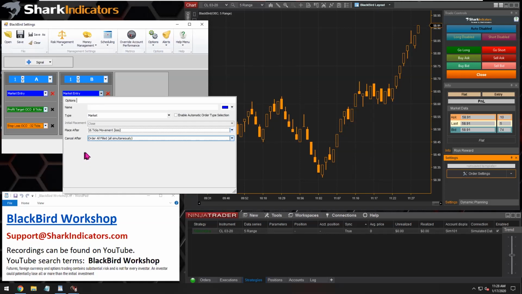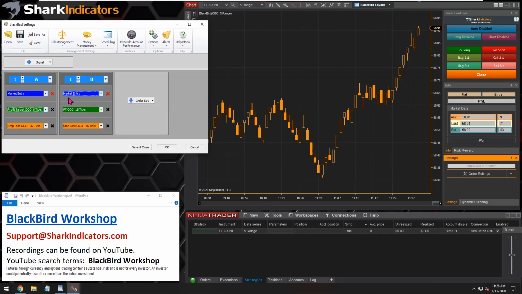All right, so there we go. So there's the automation behavior to determine whether order B scales in or not, right? Gets executed or not.